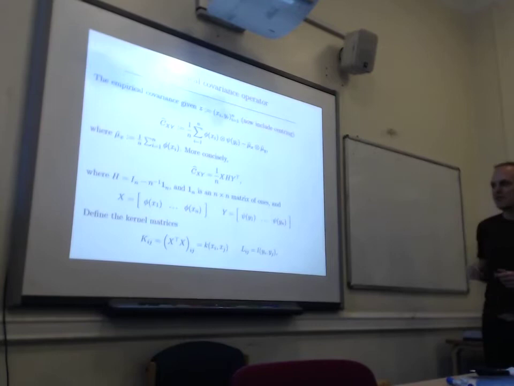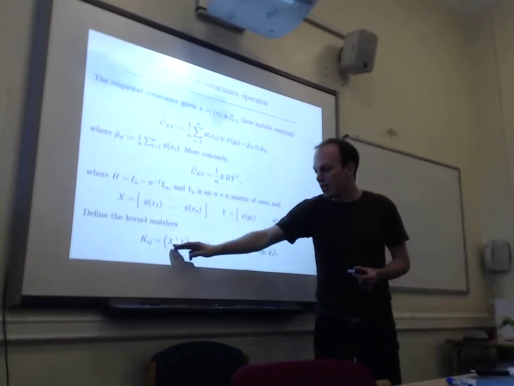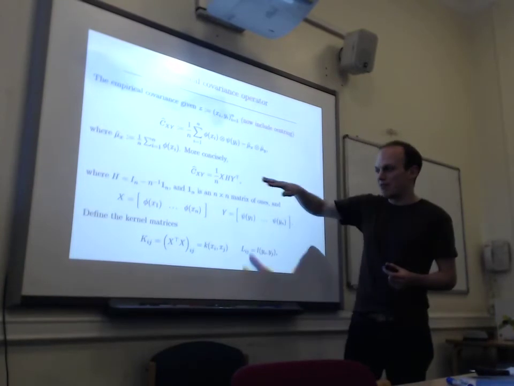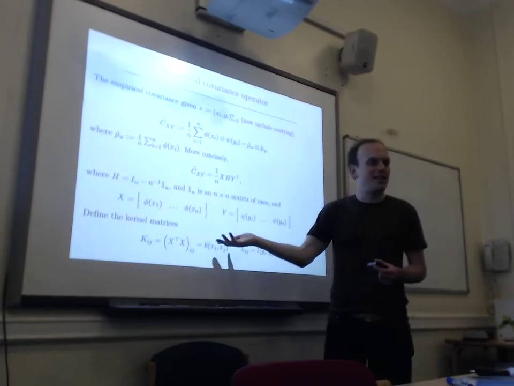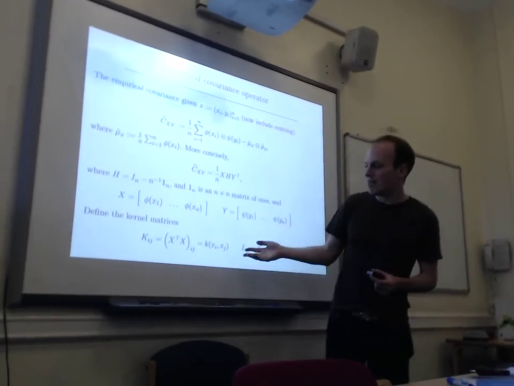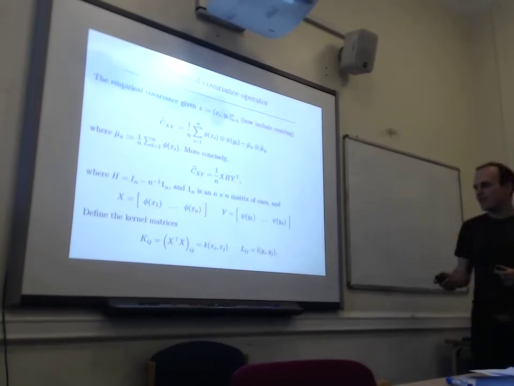It's kind of weird notation because I'm writing an inner product between things which have infinite dimensions in one coordinate, but nonetheless it's the same as one would do for standard linear algebra. Yeah. Okay.